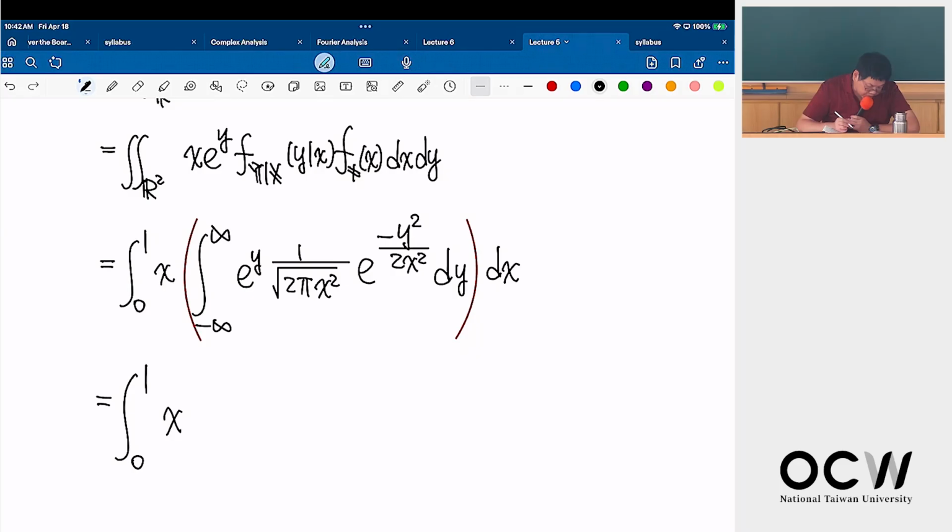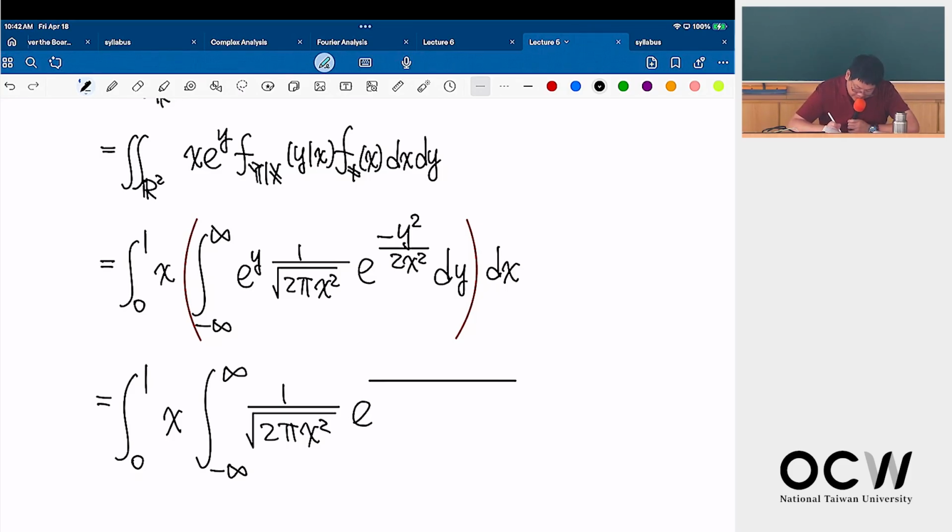So here we have 1 over square root of 2 pi x squared, e to the minus y squared plus 2x squared y minus x to the fourth.